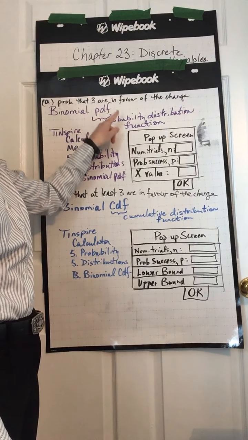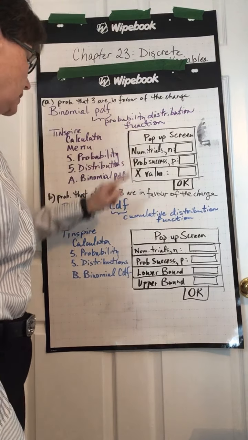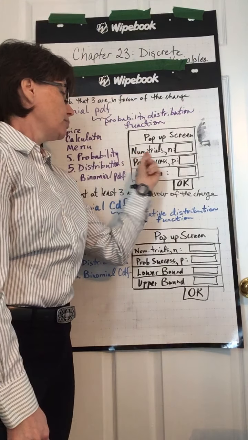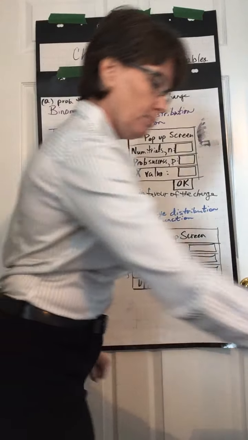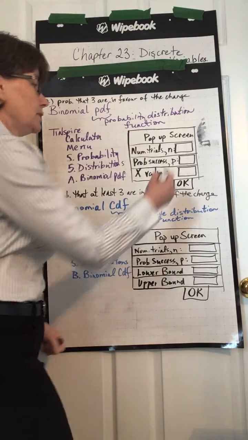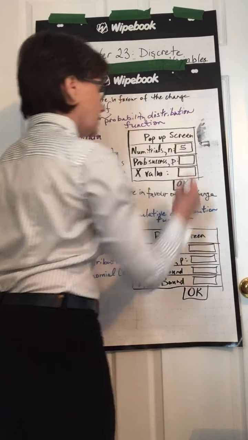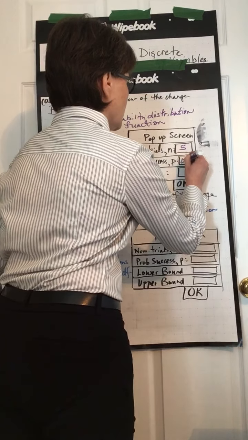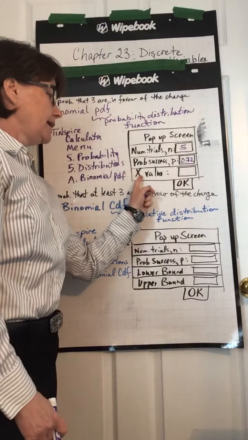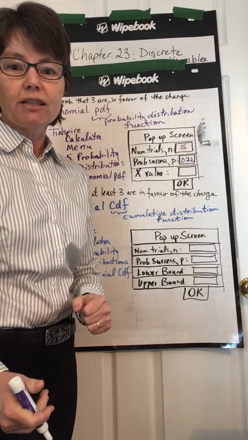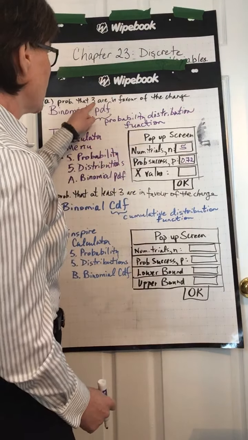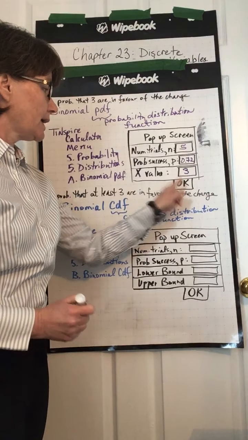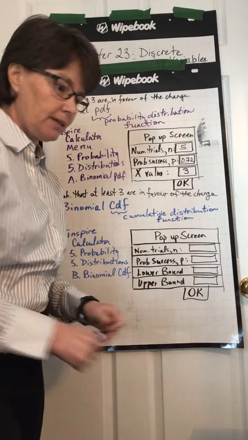Notice, PDF, probability distribution function. Binomial PDF. Then a pop-up screen appears. Number of trials, N, so we put that in there. Number of trials is 5 people we're randomly selecting. Probability of success, P, 0.72, 72%. And X value, what random variable X are we looking for? Well, in this case, we're looking for 3, so we put 3 here. And then press OK, and it will give us our answer.